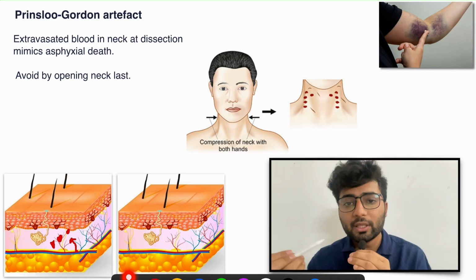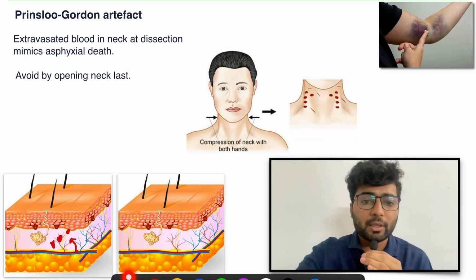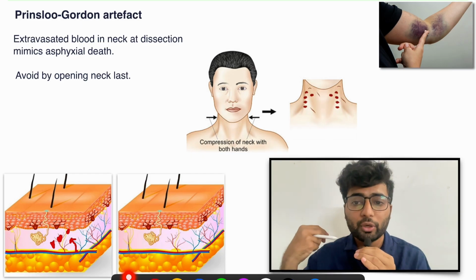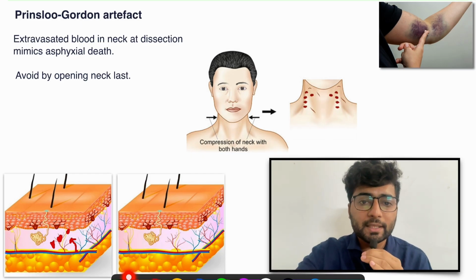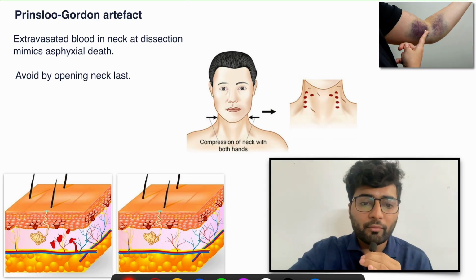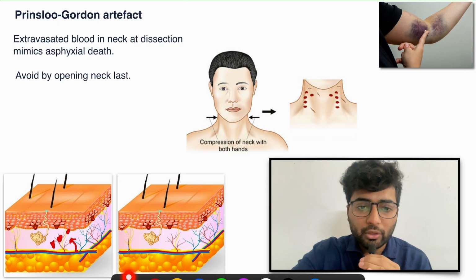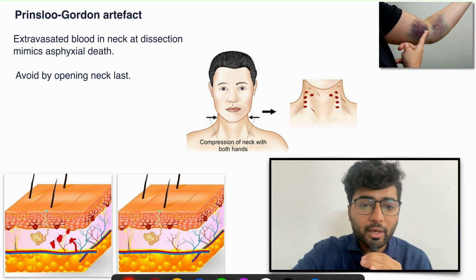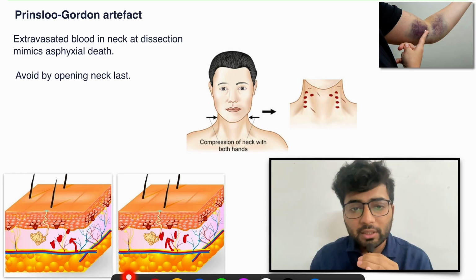Now let's say another case. In this case, the person has not undergone strangulation or anything, but now you are incising the neck, or cutting the neck, to study it. Whenever you incise or cut the neck, you will cut the vessels also. When the vessels are cut, there will again be extravasation of blood or bleeding over here. Let's compare both of these.